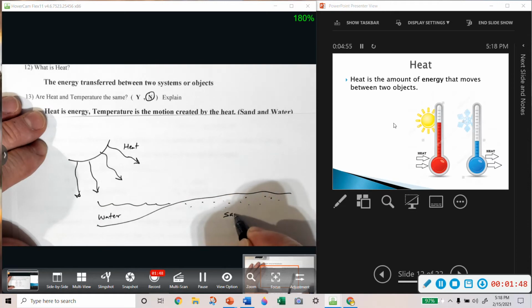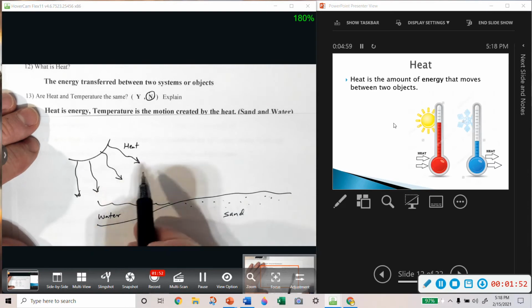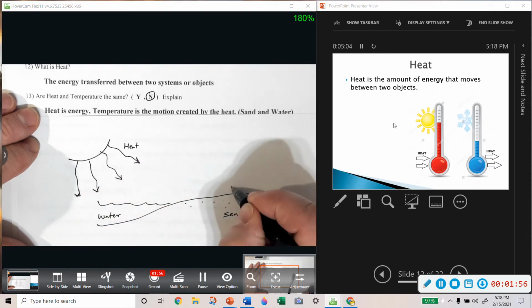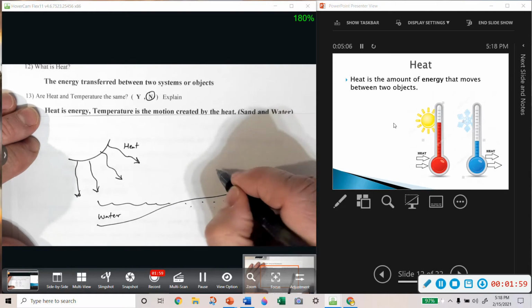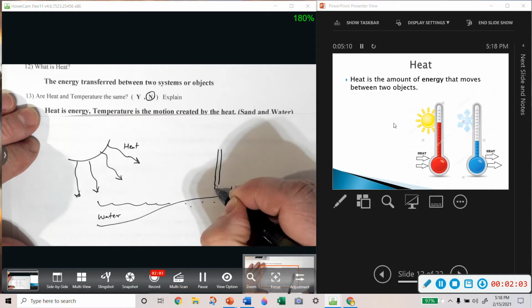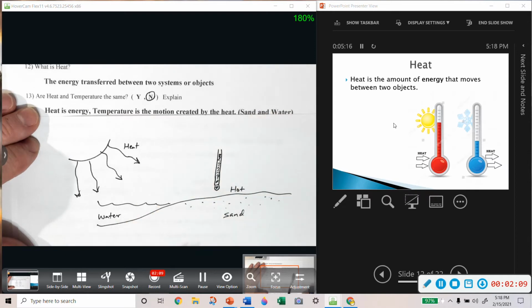Okay? And if you've ever been to a beach, you know that about 1 or so in the afternoon, the sand is extremely hot. That means its temperature is extremely high. Okay, so it's way up here, and it actually hurts your feet to walk across it.